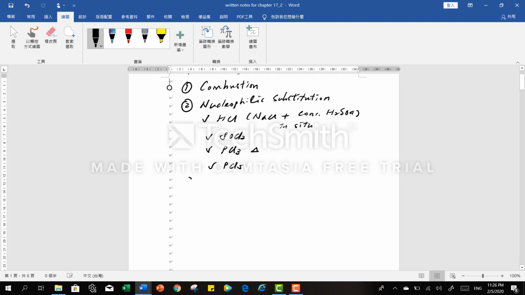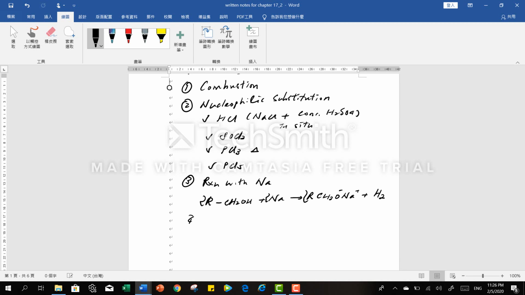And then the third reaction is reaction with sodium, right? So normally, if you add sodium, you will get the alkoxide ion, together with hydrogen gas.